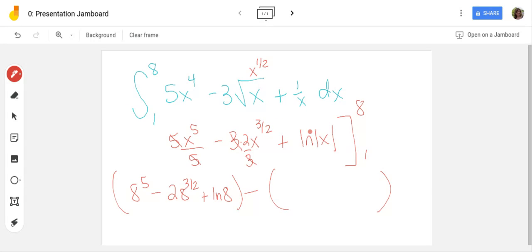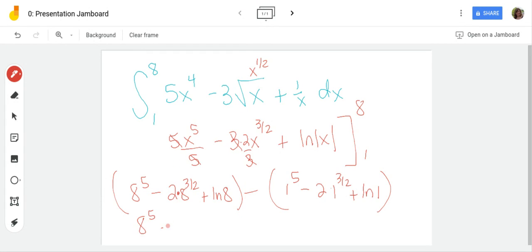All right, so we put a 1 in next, so we're going to have 1 to the 5th minus 2 times 1 to the 3/2 plus ln of 1. All right, so this being the case, the most I could simplify here, I mean, we're not going to multiply this out, and we're definitely not going to do 8 to the 3/2.